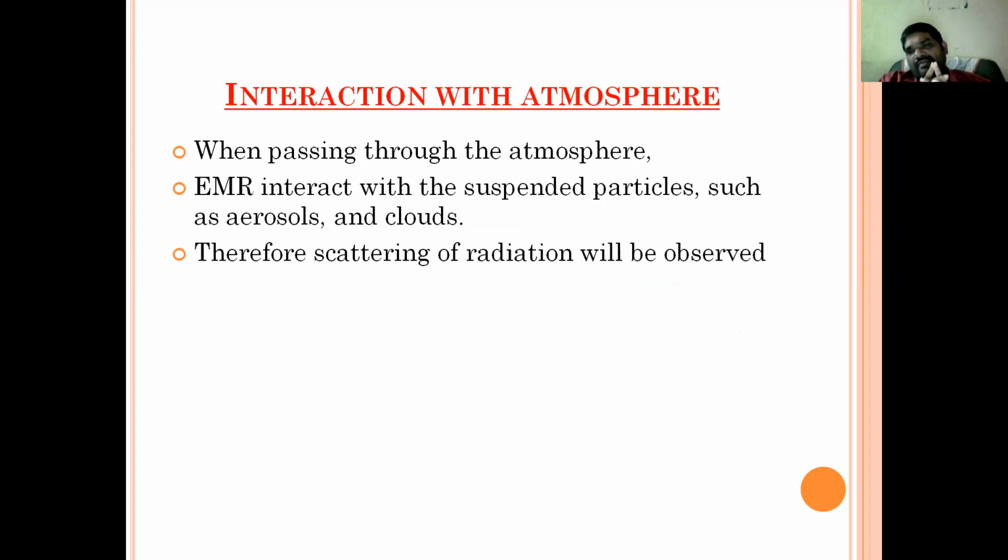Once the sensor is initiated to fulfill a particular purpose, the energy has to hit the target the first time, and once it hits the target, the reflected energy has to go back and be recorded by the sensors, so that the image will be captured by the sensors. And the same electromagnetic radiation has to go to the processing stations. That means after recording by sensors, one more time we are observing here.